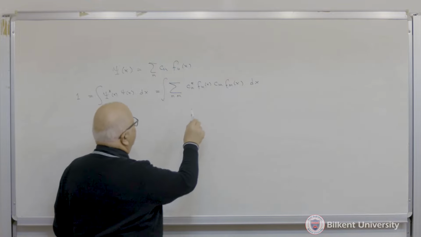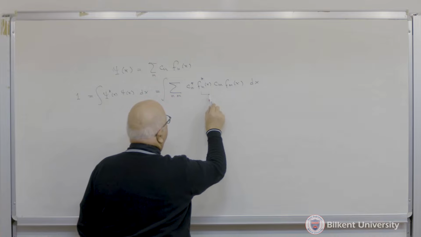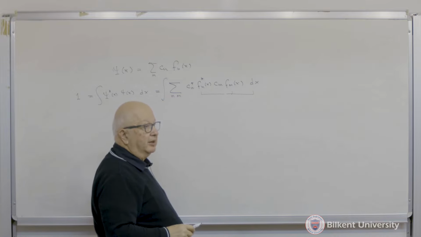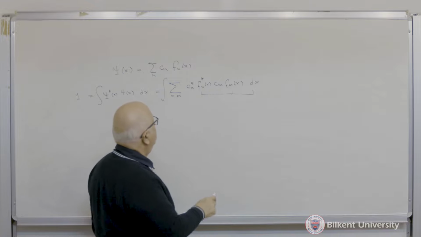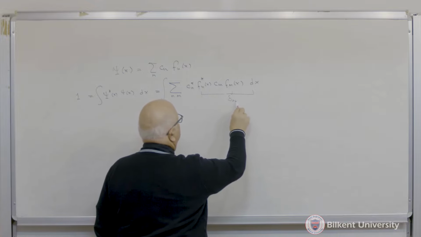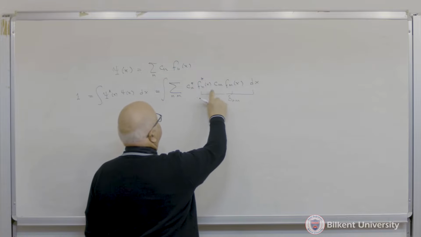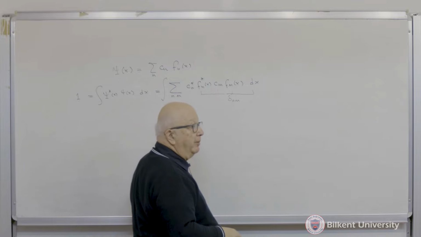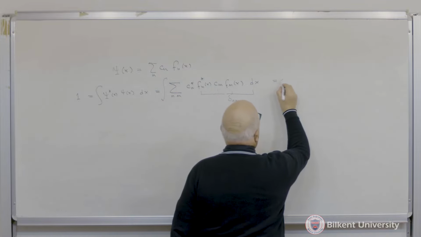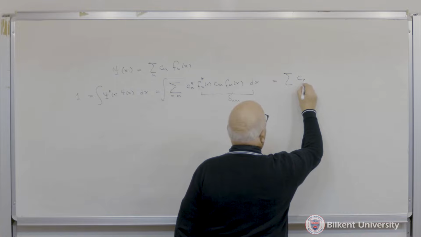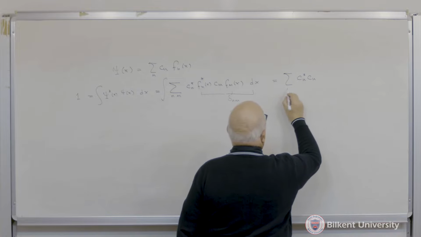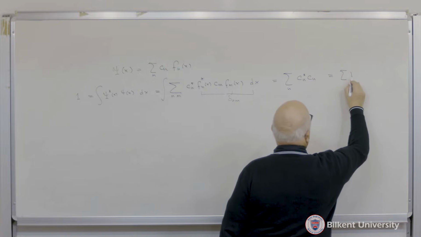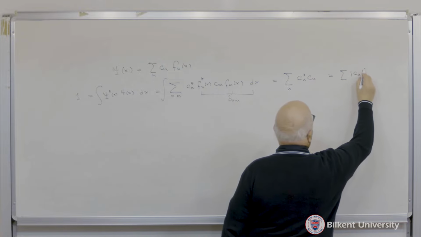And this f_n f_m integral, I know, gives me delta nm. So if I put that in, all terms here will be 0 except when n is equal to m. So I'm going to get c_n star c_n summed over n, which is just the magnitude squared of the c_n's.